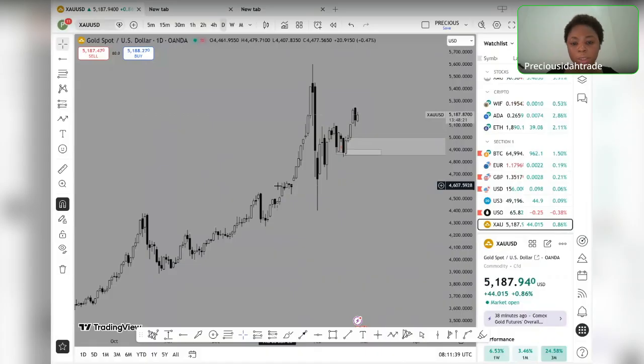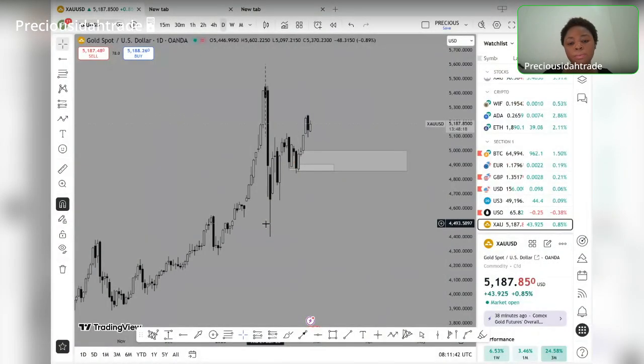So now we need to refine our entry. We know we are bullish now. We are trading with the buyers. But because we are bullish doesn't mean we don't have pullbacks. We do have pullbacks. Let me draw a better structure for you.